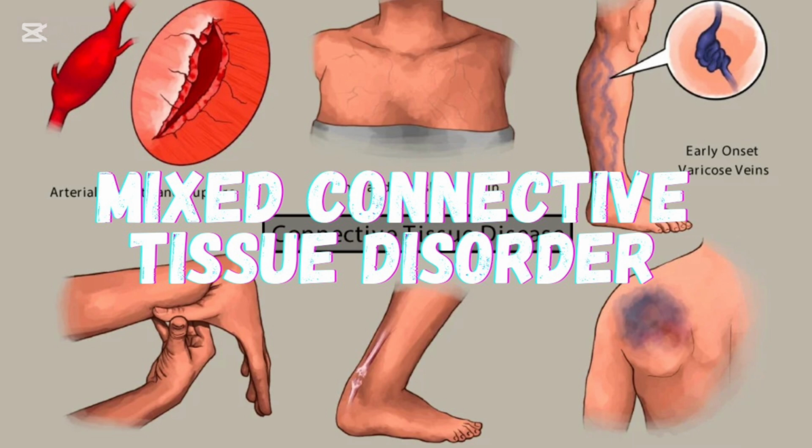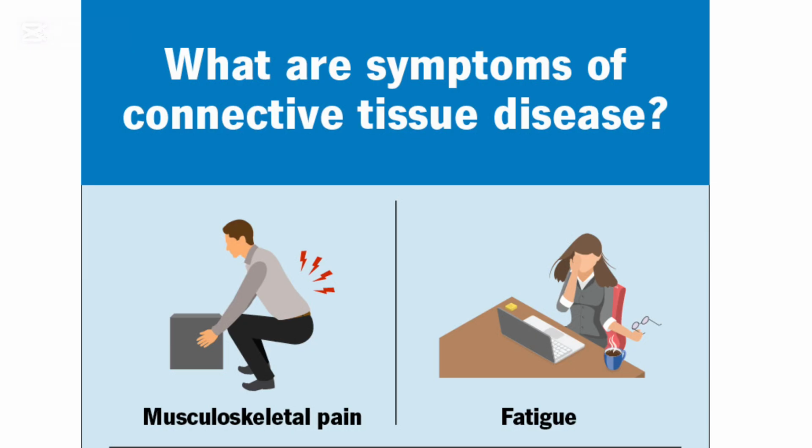Then these patients can have Raynaud's phenomenon, and this could be the earliest symptom in a mixed connective tissue disorder patient. They can present with cold exposure induced changes in the fingers and the toes. The color is changing and they are feeling uneasiness or discomfort and then the pain.